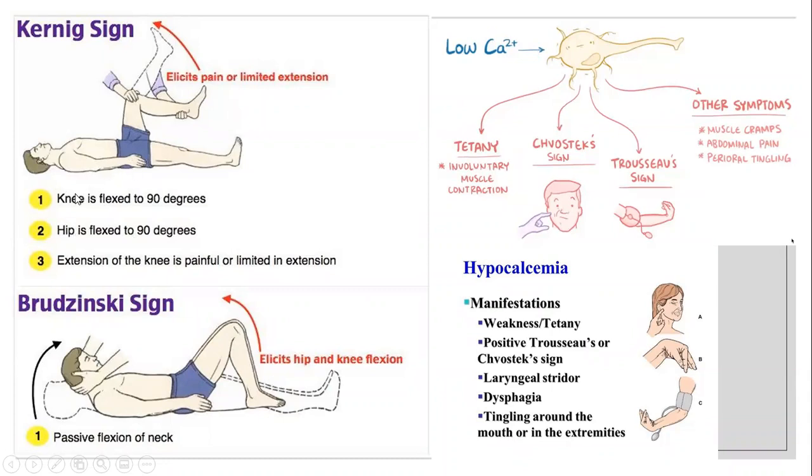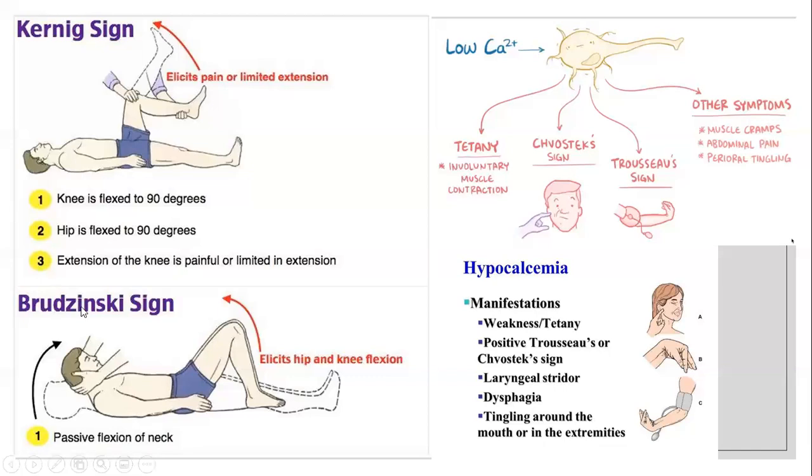Kernig's sign means the knee is flexed 90 degrees, hip flexed 90 degrees, and it elicits pain or limited extension. So when the healthcare provider demonstrates the symptoms of meningitis, Kernig's sign should be positive. Also, severe stiffness of the hamstring muscle.